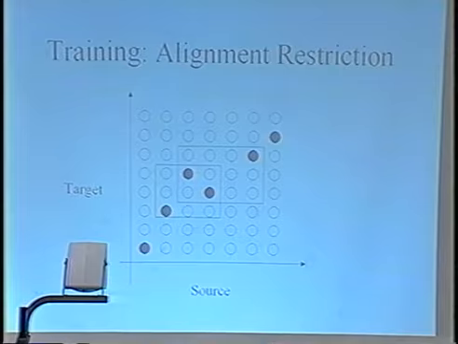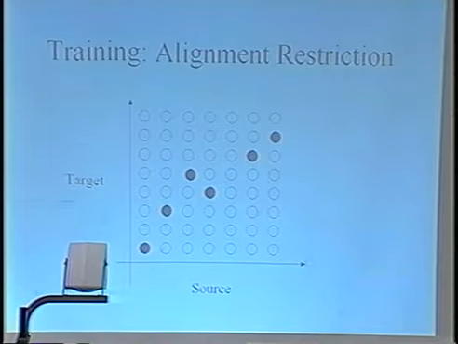So I can collect these blocks covering different anchor points, and these blocks are nested. I will exclude some blocks. For example, this block is excluded.